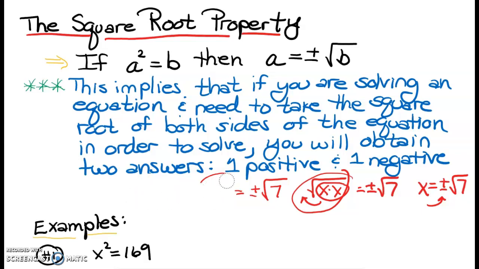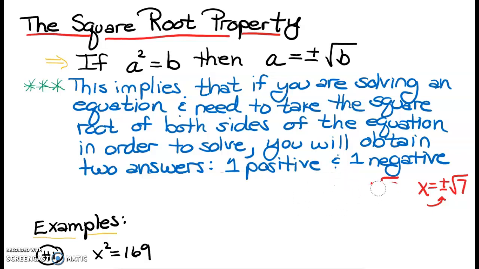All right, so just as a heads up, it says the square root property implies that if you're solving an equation and you need to take the square roots of both sides of an equation to eliminate a square, you get two answers, a positive answer and a negative answer. So beware, that plus or minus is really, really important.